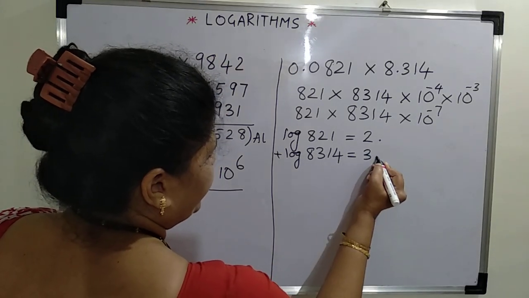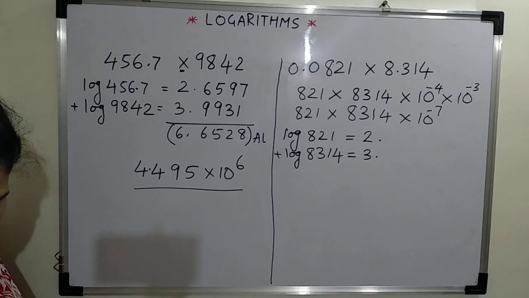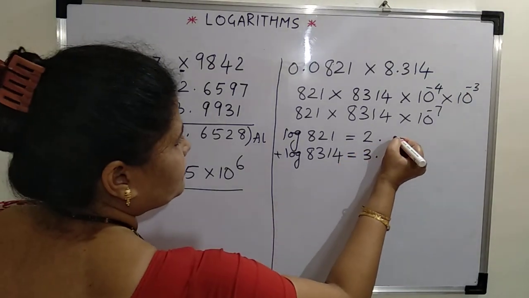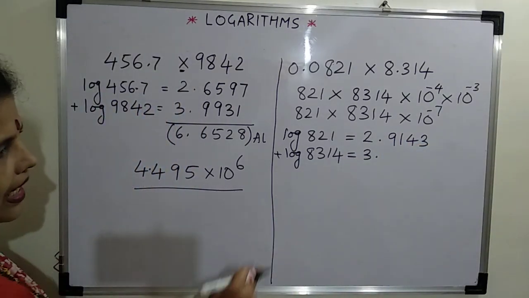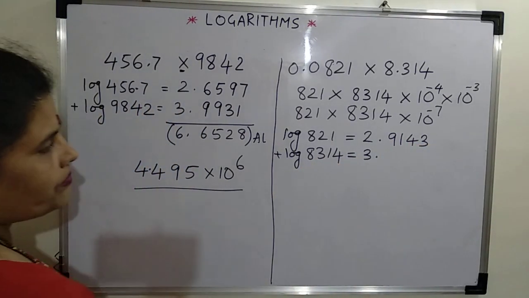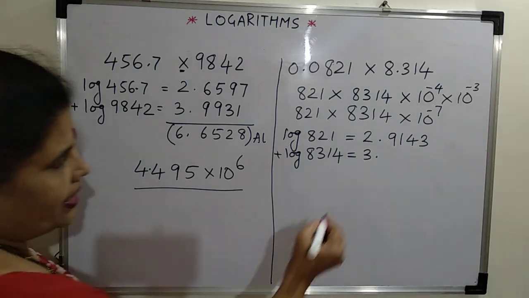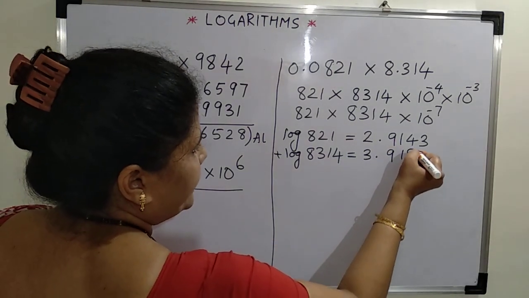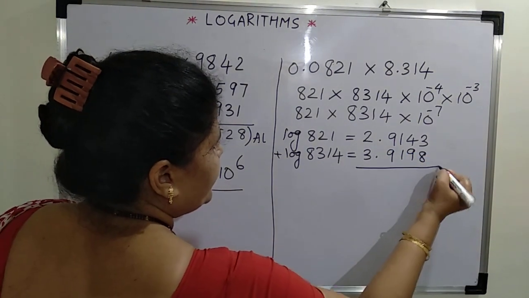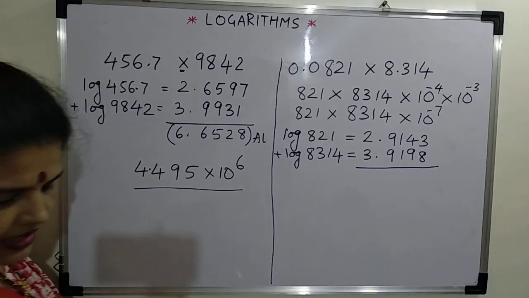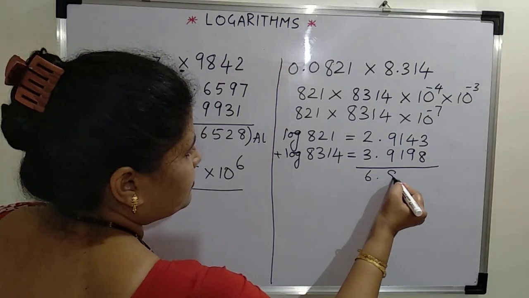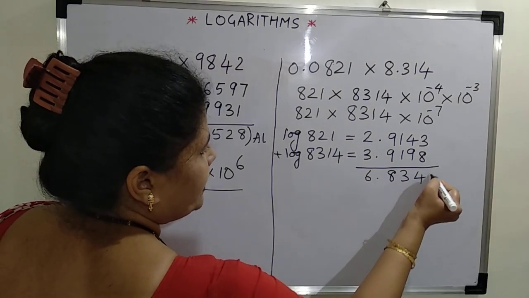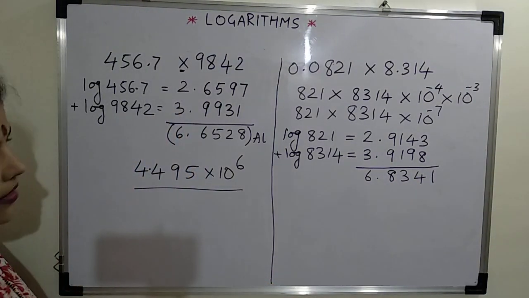So it will be 3 point. 82 under 1 is 9143 and 83 under 1 plus 4 mean difference. This value is 9198. So the total here what I will get is 6.8341. Are you getting the same?